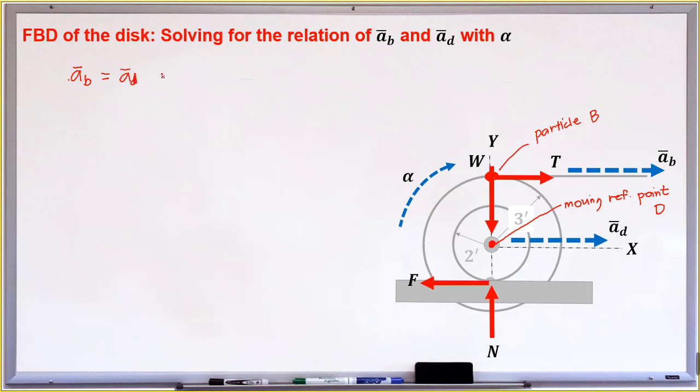Acceleration of the disk plus, no? Plus the acceleration of the particle B with respect to particle D, no? And that is equal to the normal acceleration and the tangential acceleration.